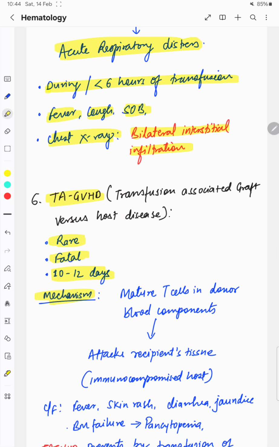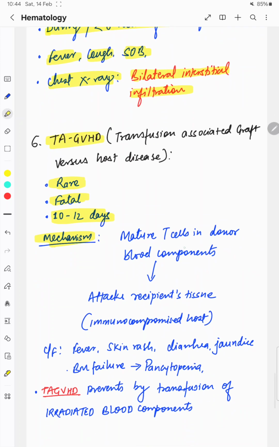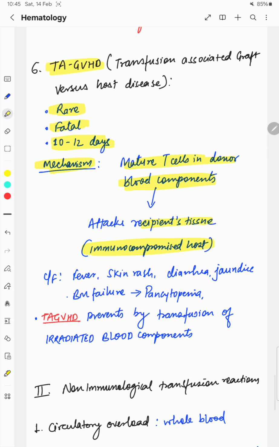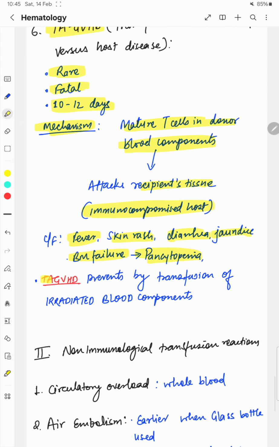The mechanism behind TA-GVHD is that mature T cells in the donor blood component attack the recipient tissue, particularly in an immunocompromised host, presenting with fever, skin rash, diarrhea, jaundice and bone marrow failure, which may result in pancytopenia.